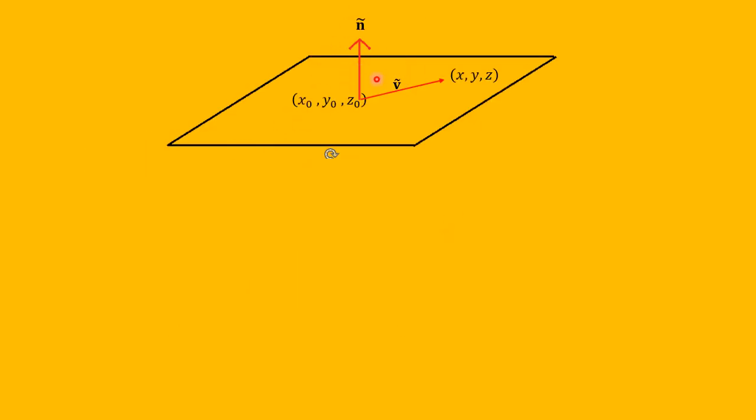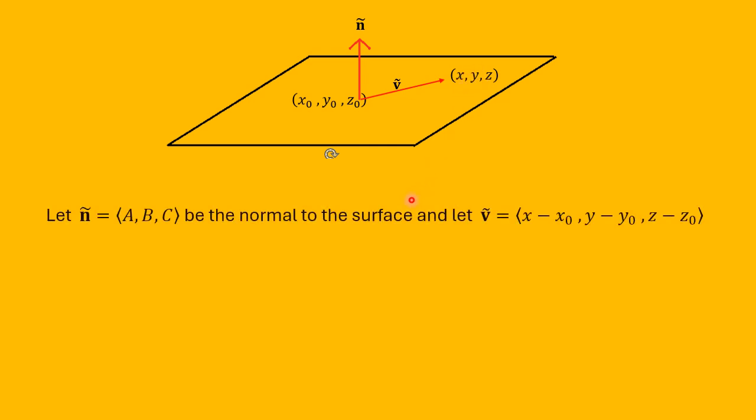So here's a picture that we saw before. We have this plane P. We have a point x0, y0, z0 in that plane. We have a normal n to that plane. And we have an arbitrary point x, y, z somewhere in that plane. So as we said before, we'll let n be the normal to that surface, a vector orthogonal to that surface.